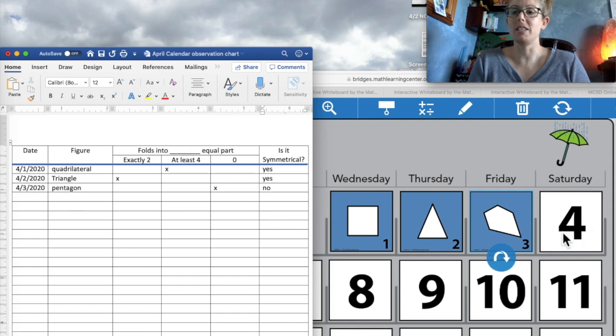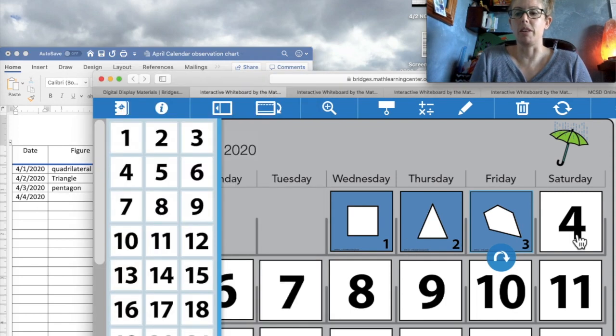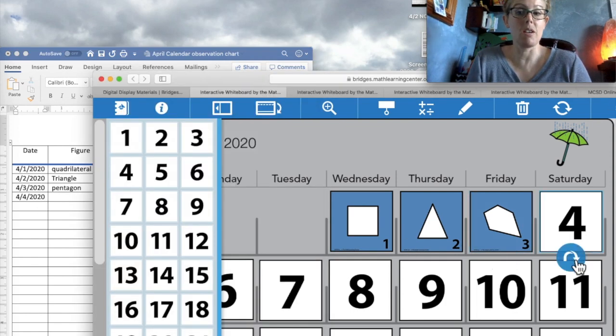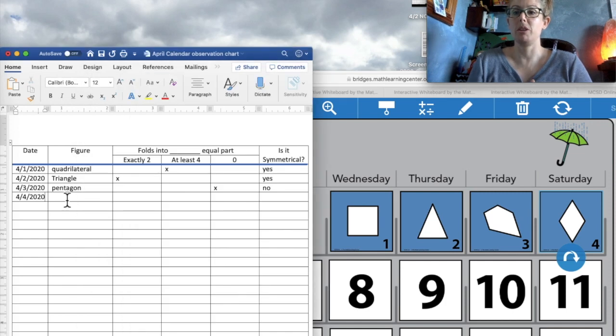Hey, let's look at Saturday. Let's think. What do you think Saturday would be for April 4th? And let's flip over that card. Here we go. What could it be? Ooh, think of that figure. How many sides do we have in that figure? We've been learning a new math term for a figure that has 4 sides.